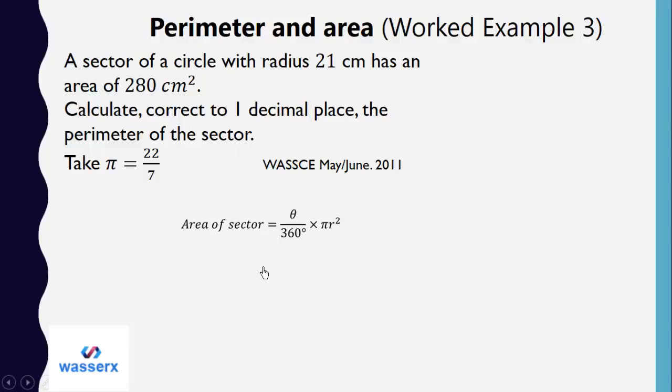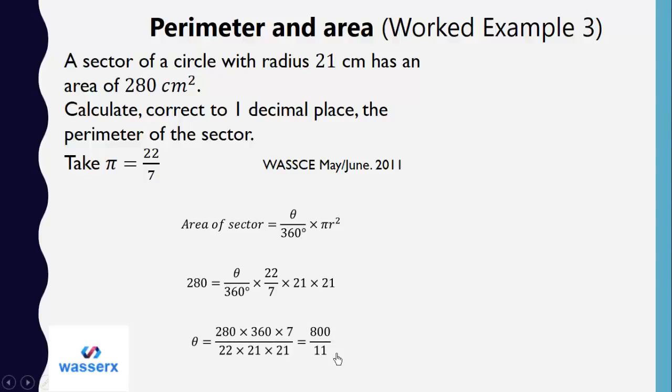So we know that the area is 280, so 280 is equal to the substitution that we make over here. The radius is 21. Then we don't know theta, but we know the pi to be 22 over 7. Now we make theta the subject to obtain 800 over 11 degrees.